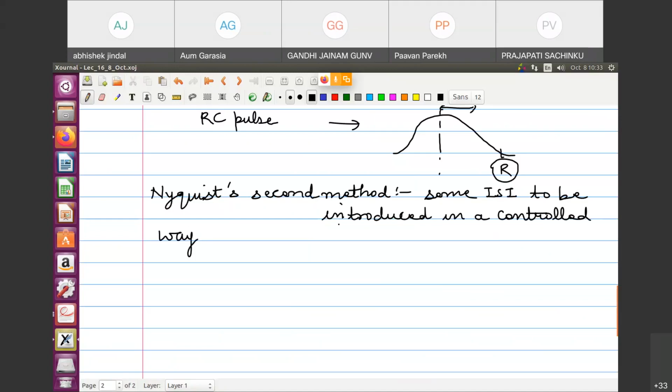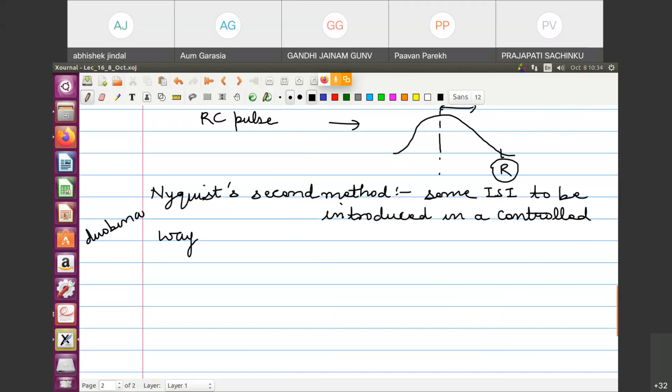The first criteria says that at the sampling times there should not be any contribution from other pulses. But the second method says that let us accept some contribution from other pulses, and that contribution has to be in our control. How much interference they will give at the sampling time, we decide beforehand. So in this, the 2 binary pulse will come.